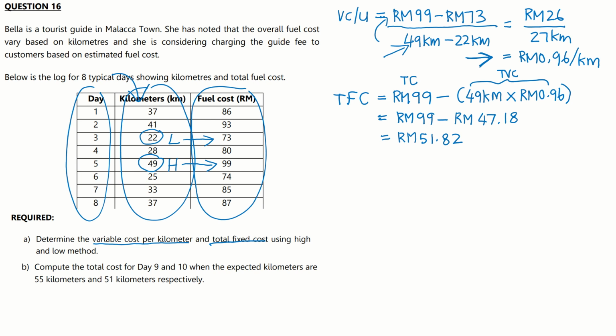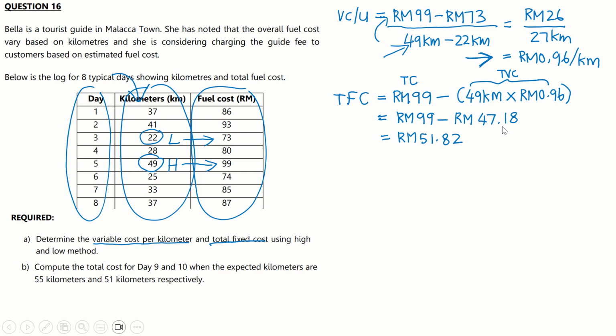Please take note that my answer is based on the number of decimal places, so it might be different from yours. I am multiplying the 49 with the rounded numbers that I determined here, so that is how I get 47.80.